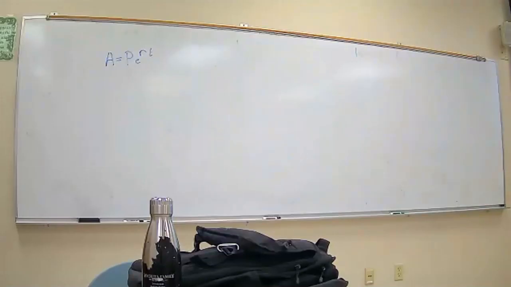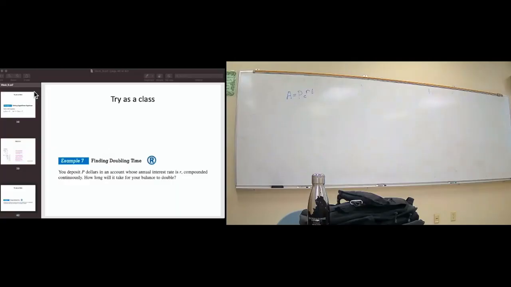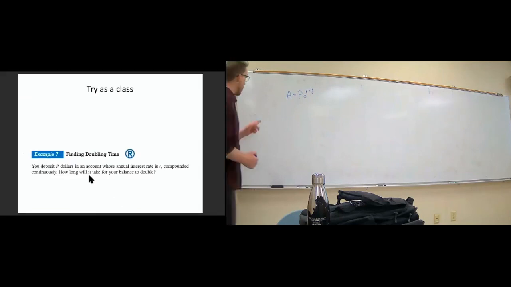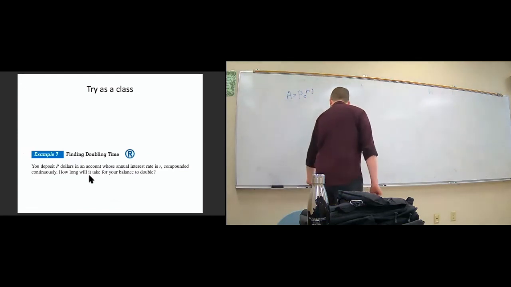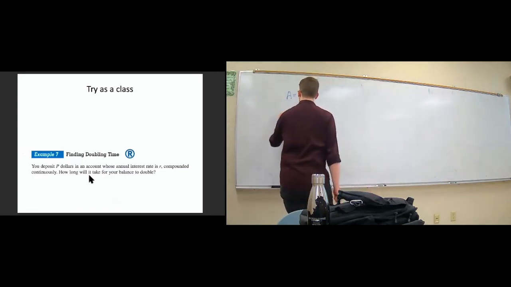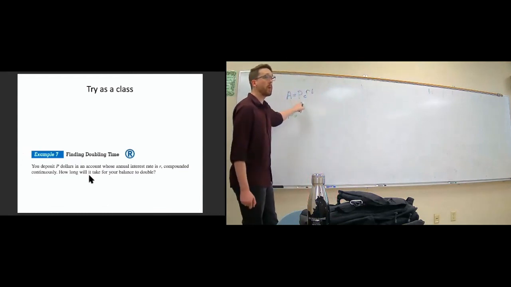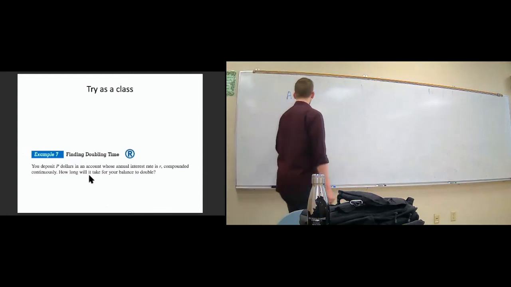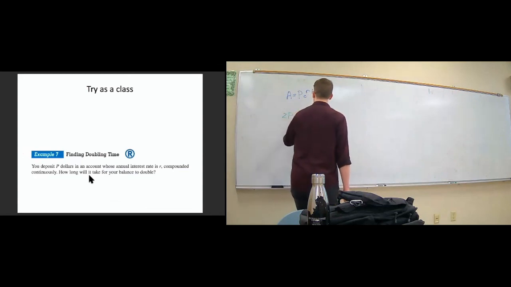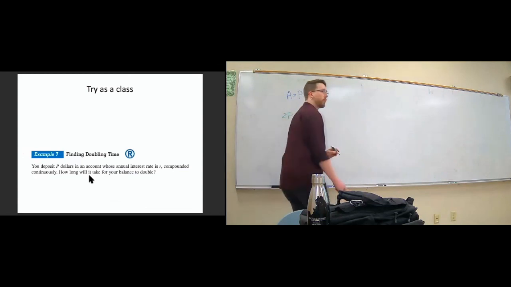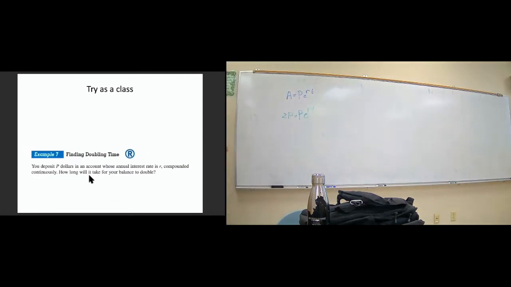Now coming back to our problem, what we're asking is to solve for whenever we have an amount twice what we initially put in. So that's going to be 2P is equal to P times e raised to the RT.